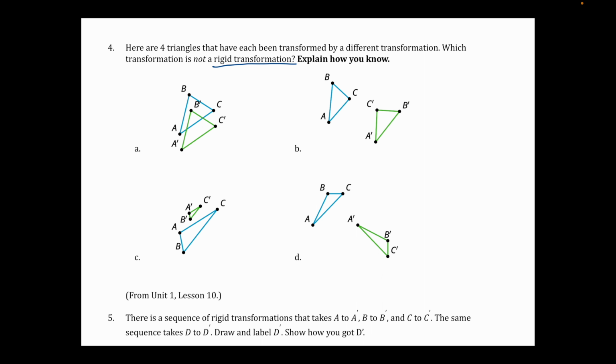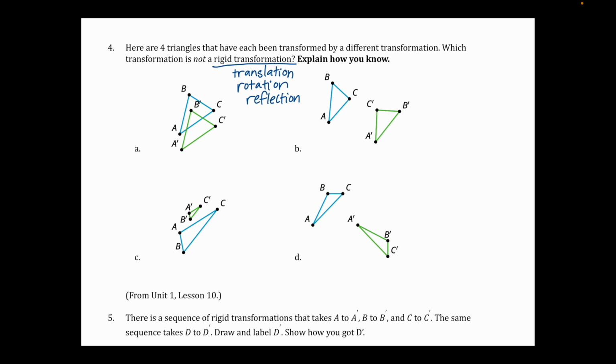And those are 3 options: a translation, a rotation, or a reflection. And I like to think about those as slide, spin, or flip. So we're going to look for those movements here.